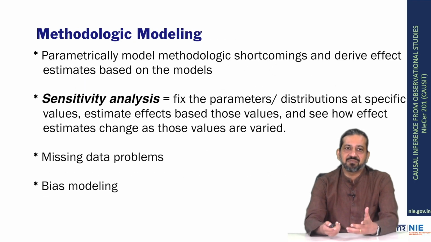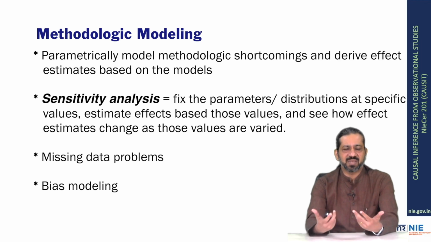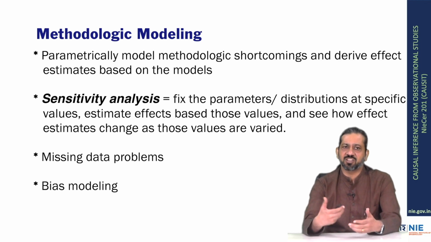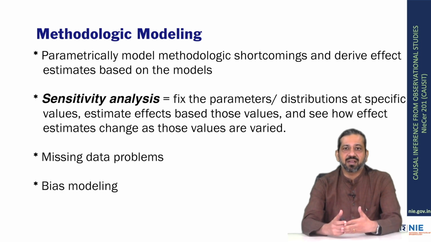And then we have various ways to improve our understanding of causal inference, through various methods of what we call methodological modeling. Typically in observational epidemiological studies, we do not know that we have a set of covariates that is adequate to support the claim of an unconfounded or unbiased assignment mechanism.